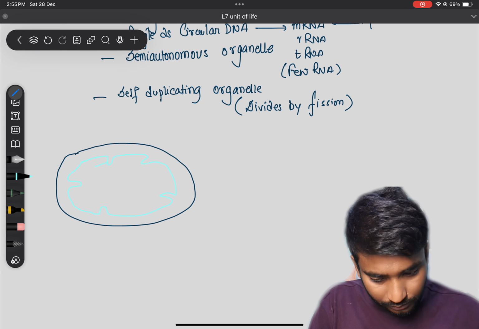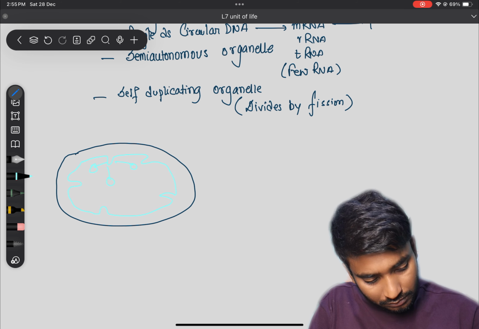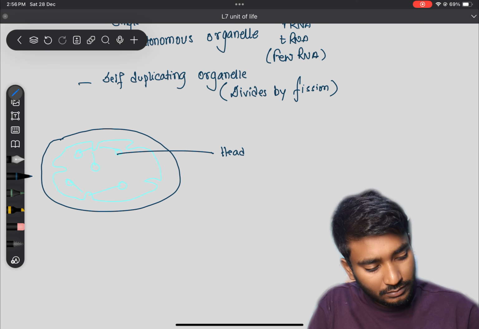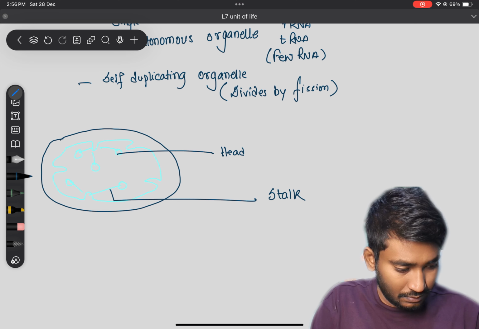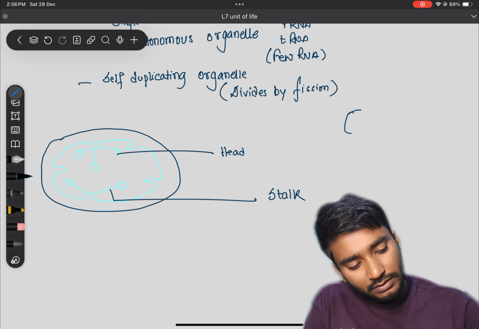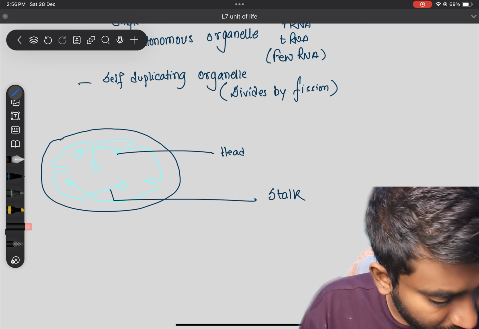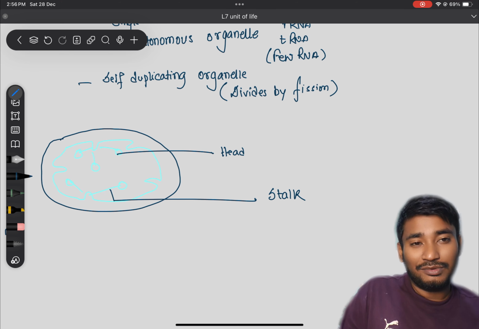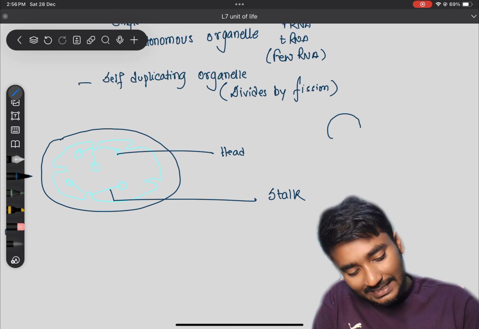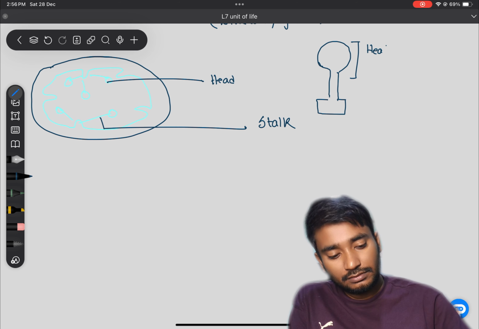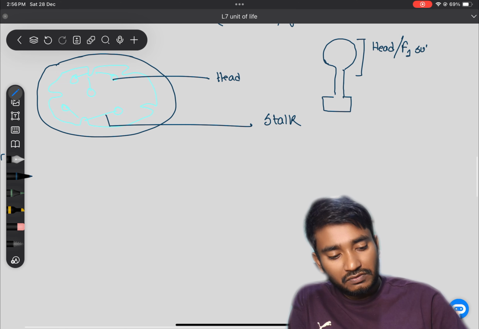I am good at drawing, but not too accustomed to writing on a tablet. These are the heads, the F1 subunit.